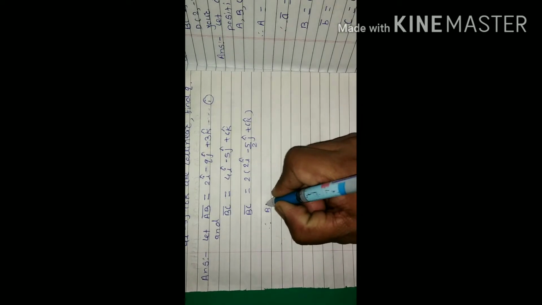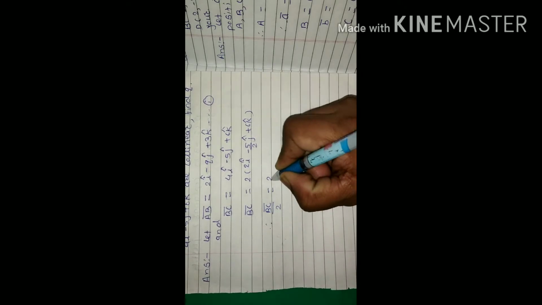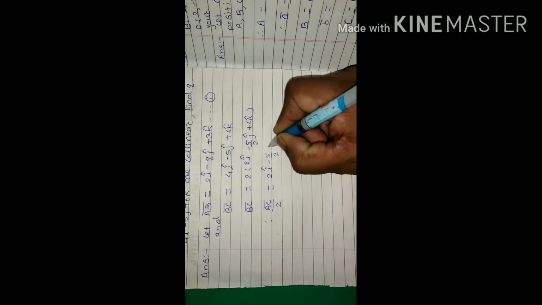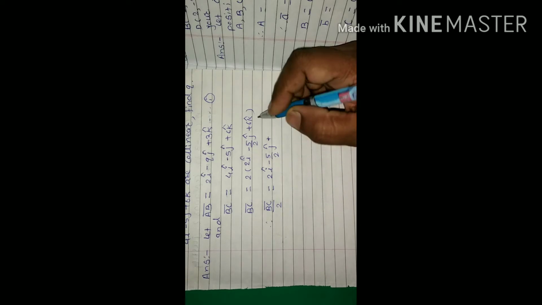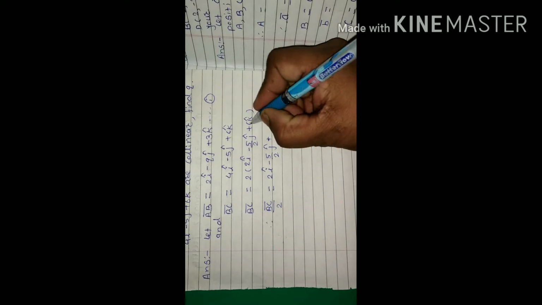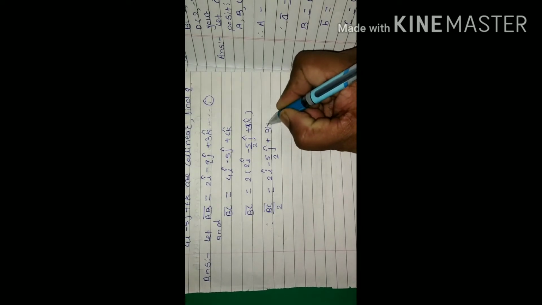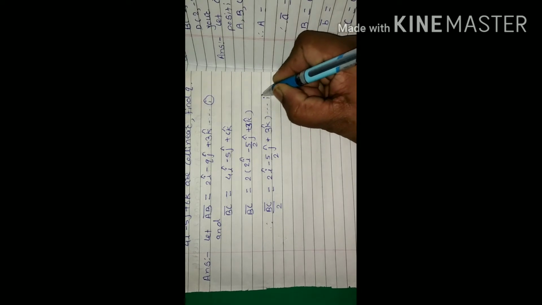Therefore, BC bar divided by 2 is equal to 2i cap minus 5 divided by 2 into j cap plus 3k cap. We will call this equation number second.